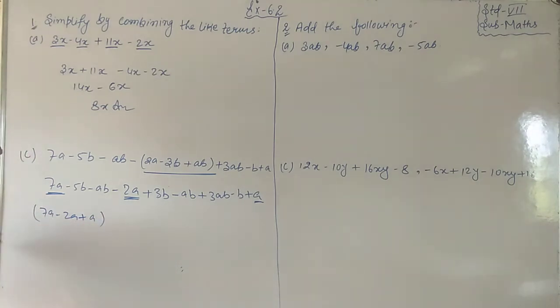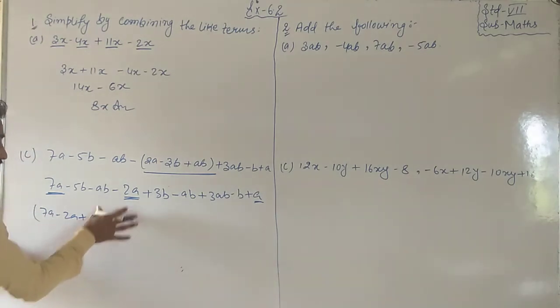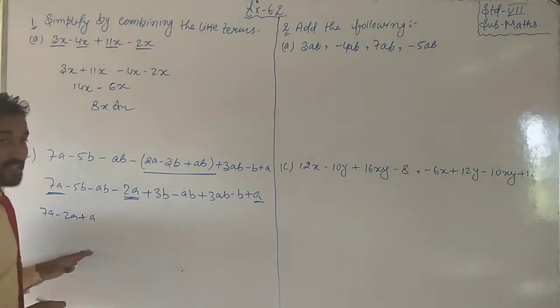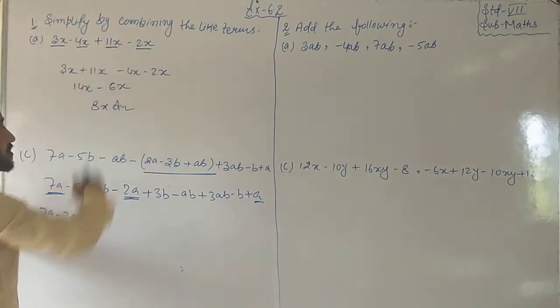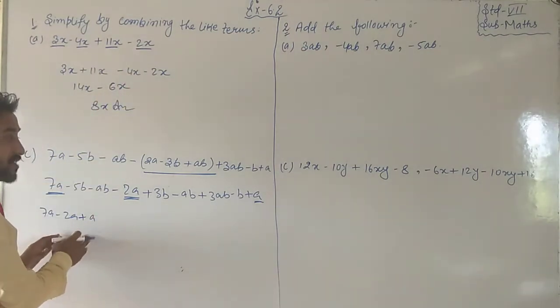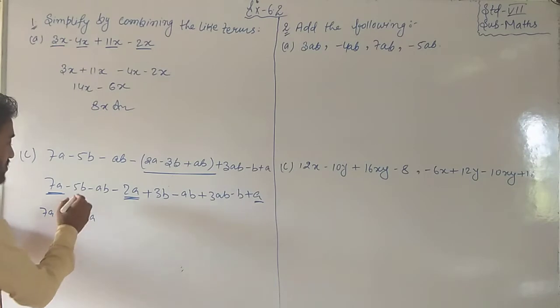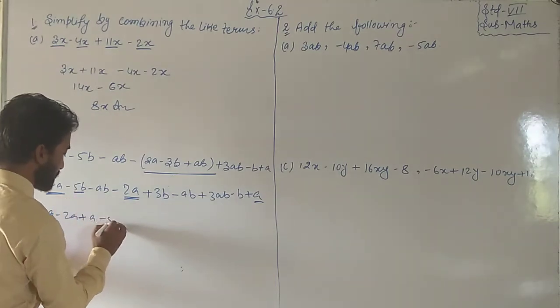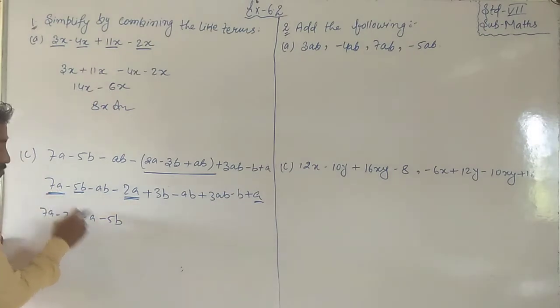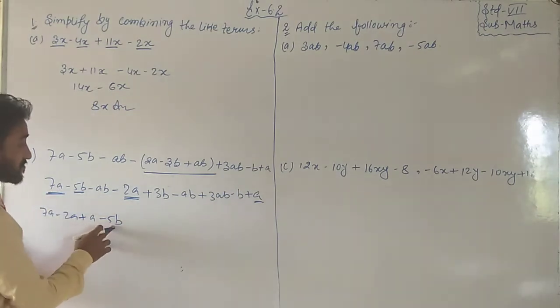Okay, students. With the bracket closed or without the bracket you can keep it, but we have to arrange the like terms in the same place, because the question already says simplify by combining the like terms. Now see, minus 5b, because before the 5b there is a minus, so we put minus.